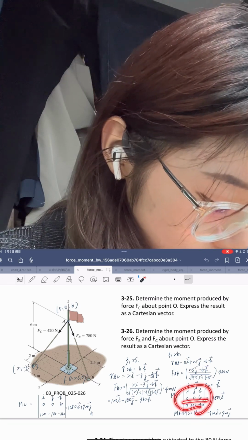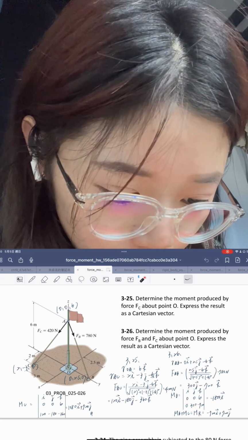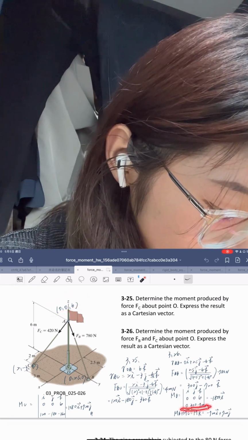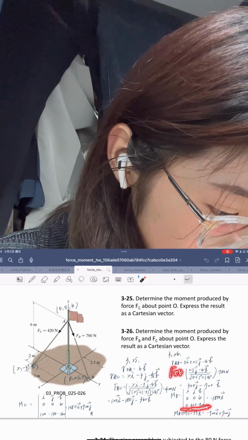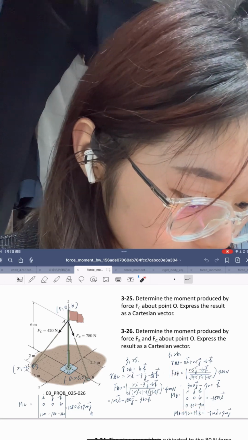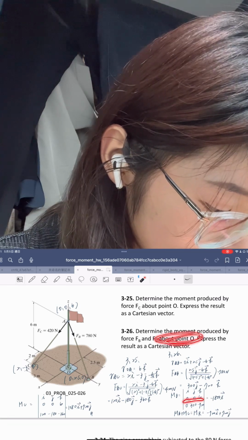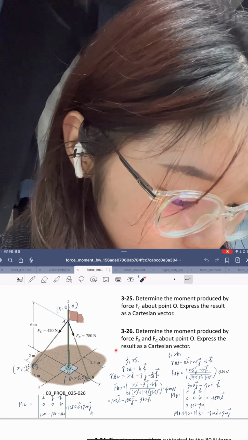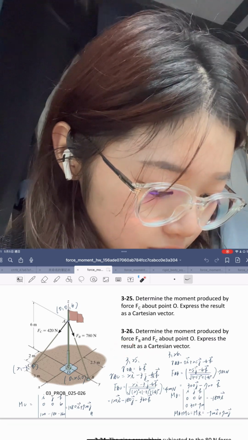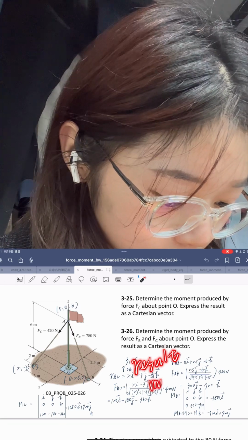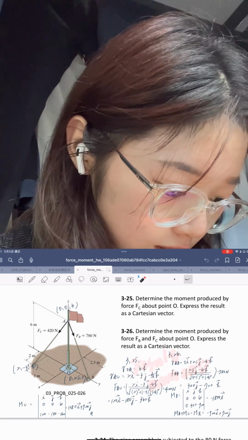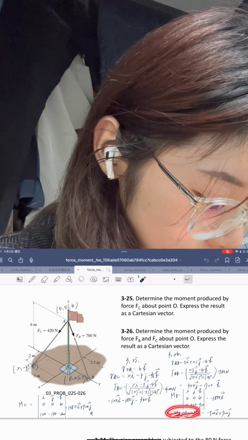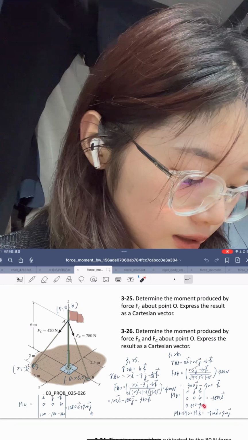This is the 0.06 with the A, and with the force of FAB. Because we have to know about point O, so we know the answer like this. And the question asks for the result of the moment, same as the question above. So we will add moment B and moment C, and we know the answer is like this.